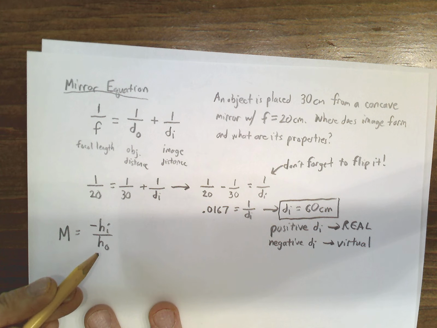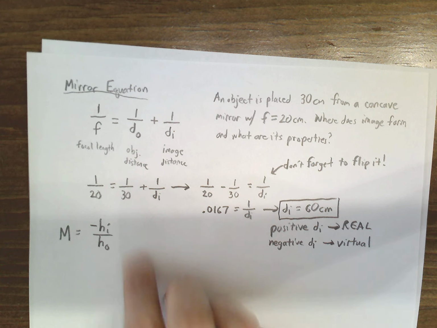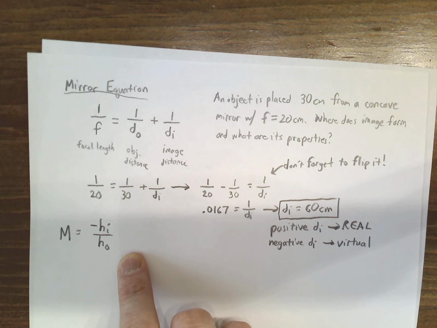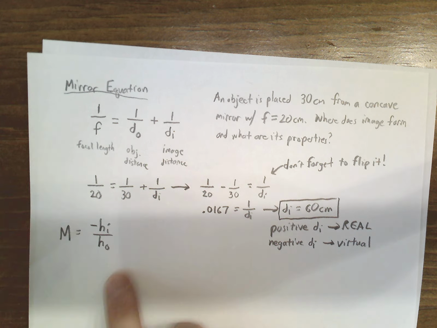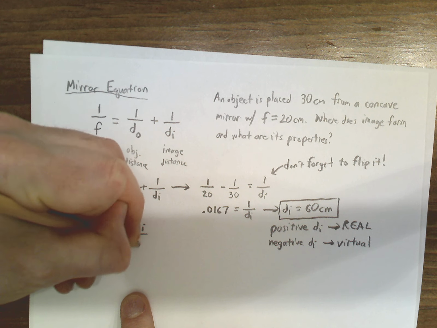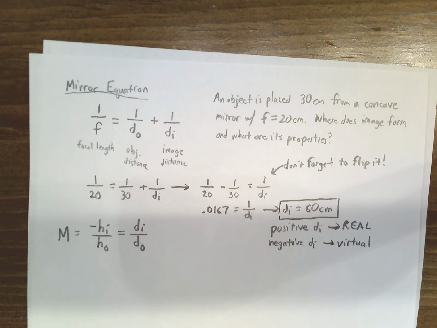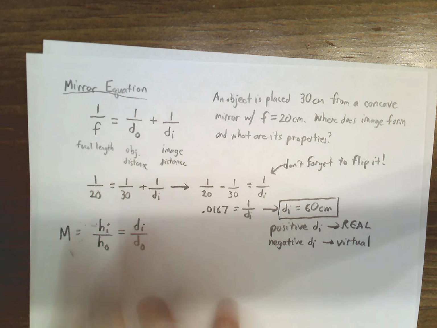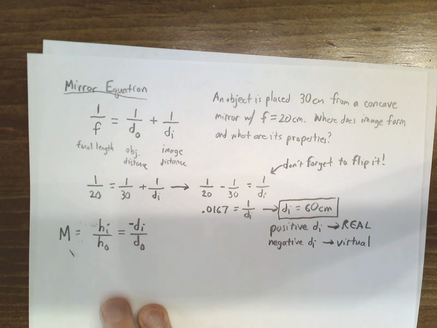We're not given it there, but literally what you're doing is you are taking the height of the image and you're comparing it to the height of the original object. Because it's similar triangles, as I mentioned earlier, it is also equal to the image distance over the object distance. Sorry, the negative sign goes on the di's.